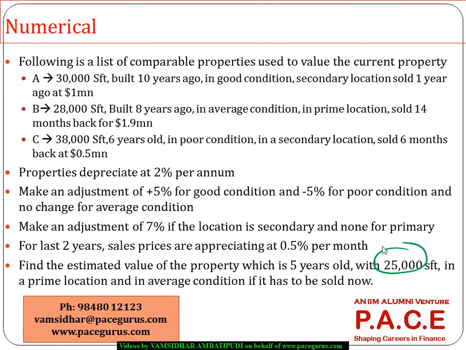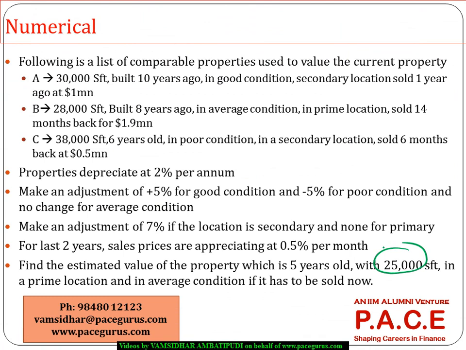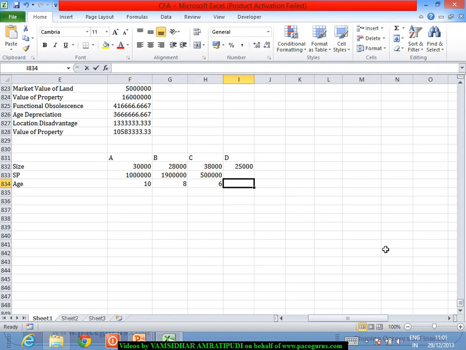The age for this building is 10 years, whereas this is 8 and this is 6, whereas our current property is only 5 years old. Now all the properties that we are taking as a base are older compared to our current building.